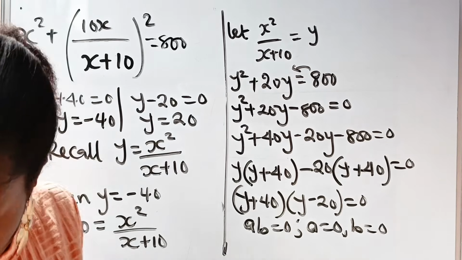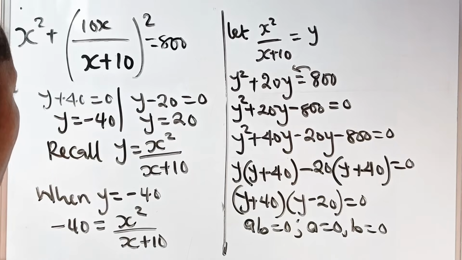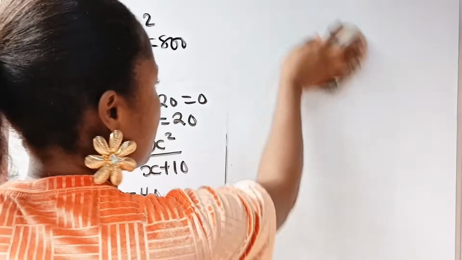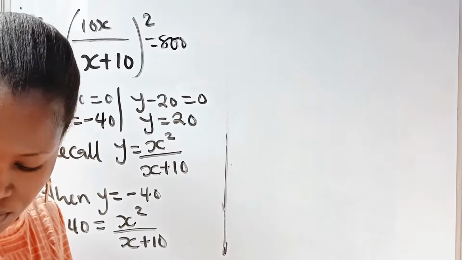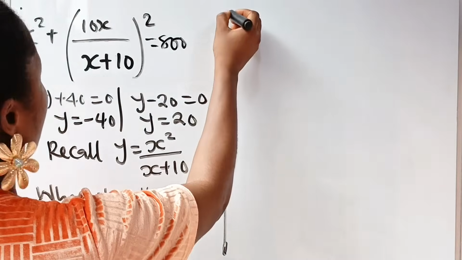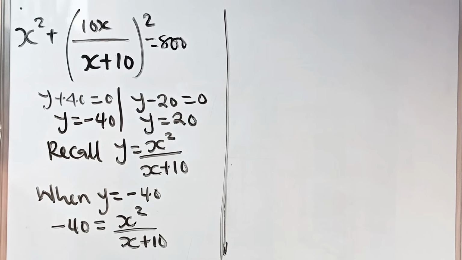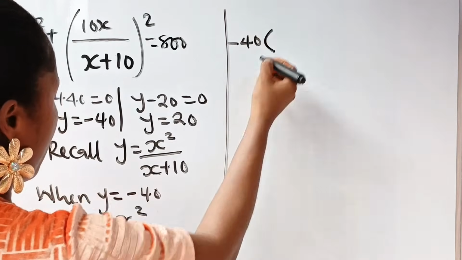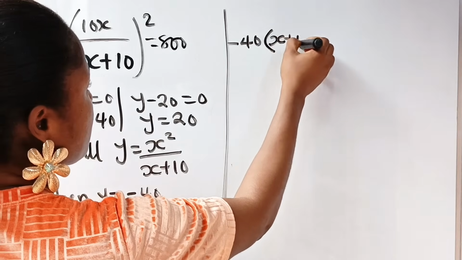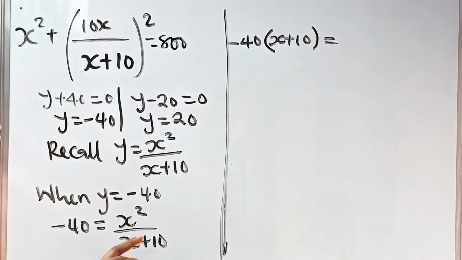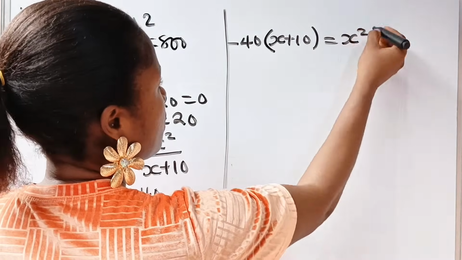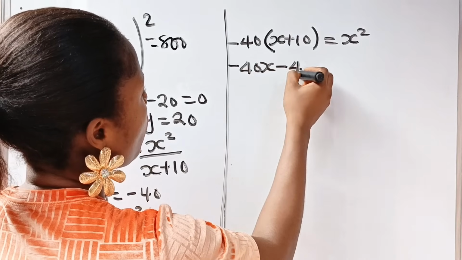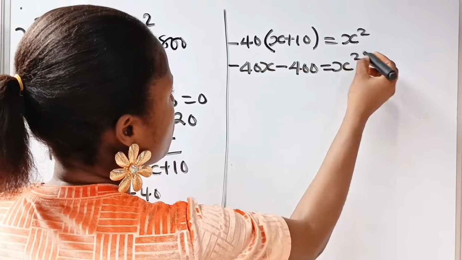Now, let us cross multiply. So, if we cross multiply, we will have minus 40 bracket x plus 10 is equal to x squared. So we have minus 40x minus 400 is equal to x squared.